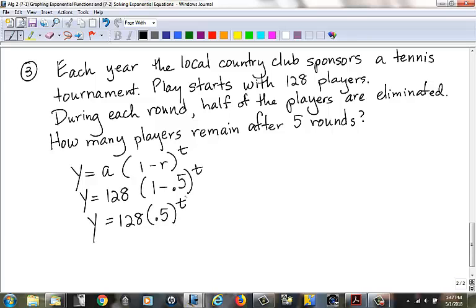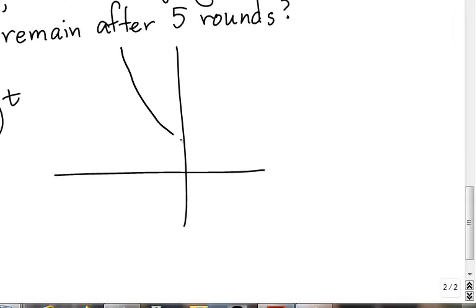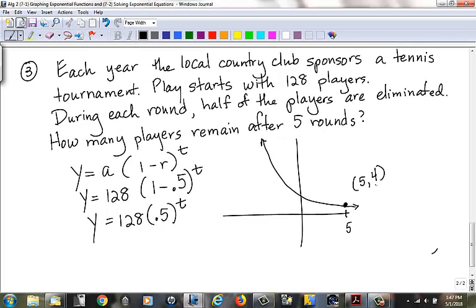After 5 rounds, if you look on this one, it's exponential decay. It's going down. So after 5 rounds, there were 4 people left, right? So if x is 5, y is 4.